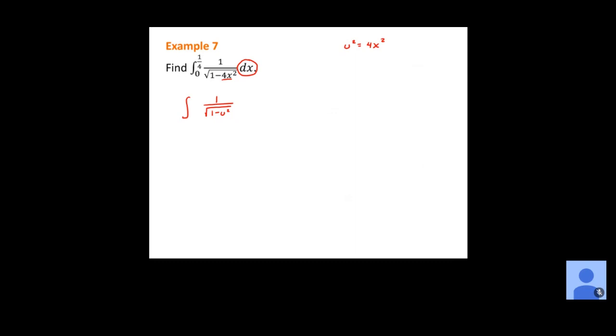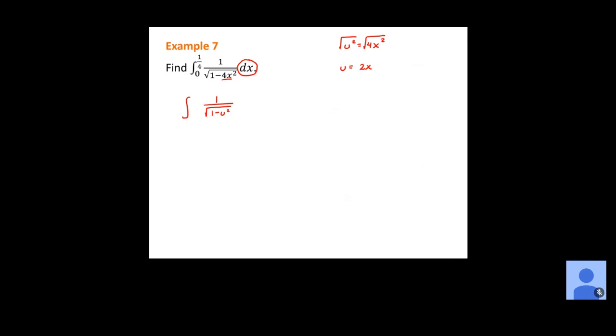So to figure that out, I need to get u by itself first. So how would I get u? Take the square root, right? So I'm going to take the square root of both sides. It's going to give us u equals square root of 4 is 2, square root of x squared is x. So our u value this time is actually just 2x.